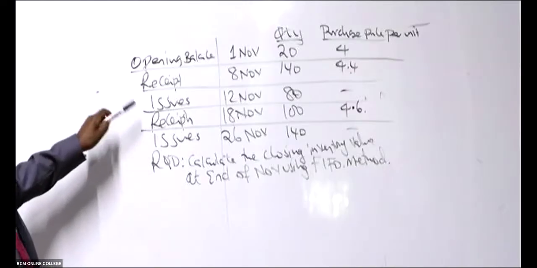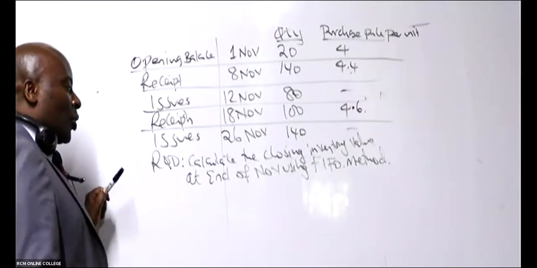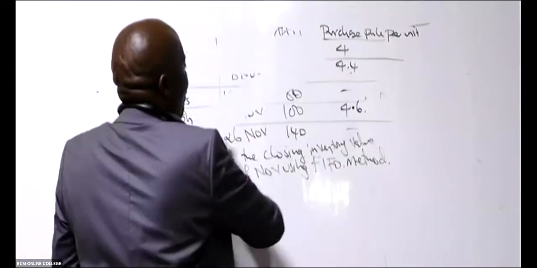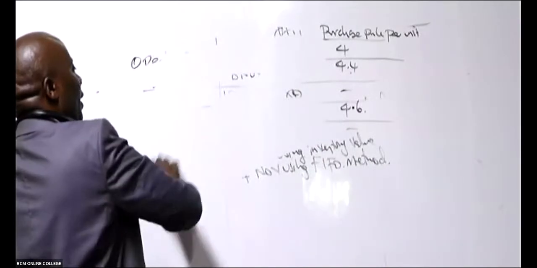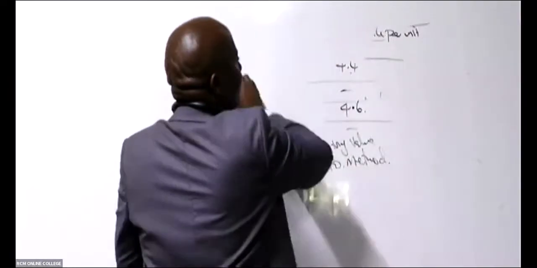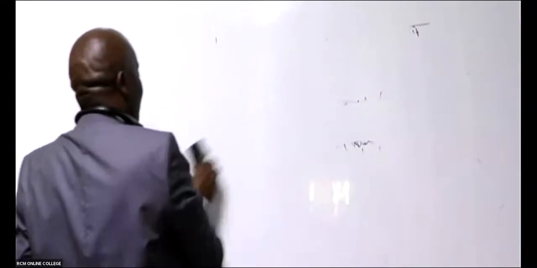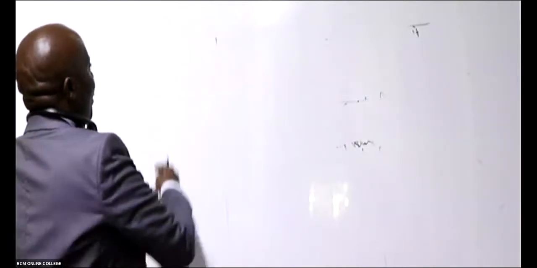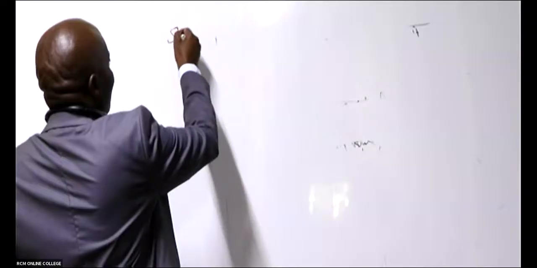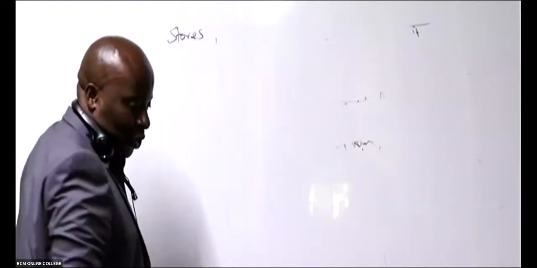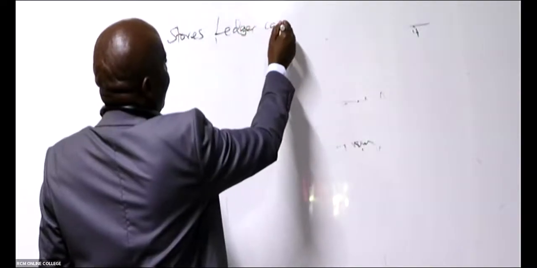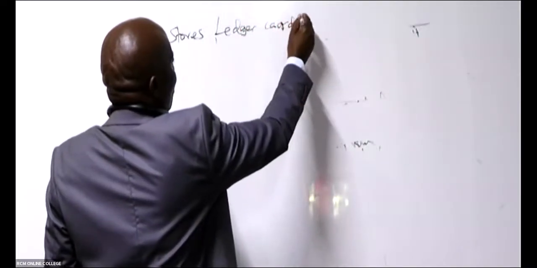And if that is the case, then we write this solution, stores ledger card. We are using a method called what here?